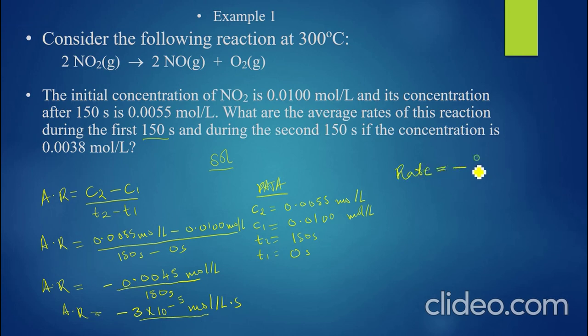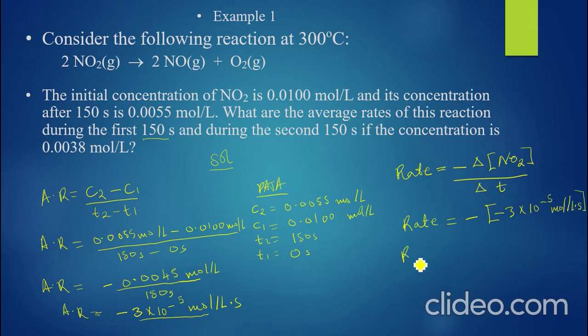So there is a change of nitrogen dioxide over change in time. And then the rate is equal to negative the average rate you have found here, which is negative 3 times 10 to the power negative 5 mole per liter per second.